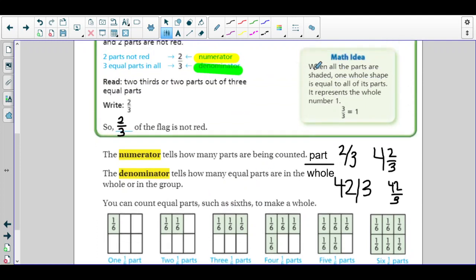You can count equal parts such as the 6 to make a whole. Let's go back to right here. When all the parts are shaded, one whole shape is equal to all of its parts, and it represents a whole. So 3/3 is equal to 1.